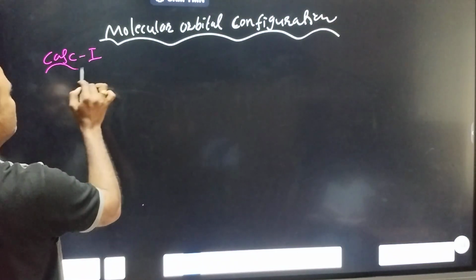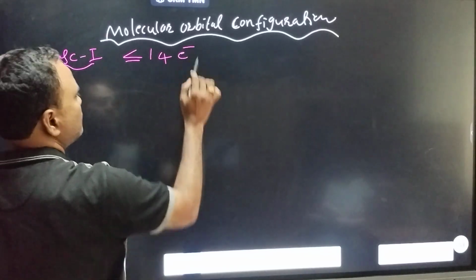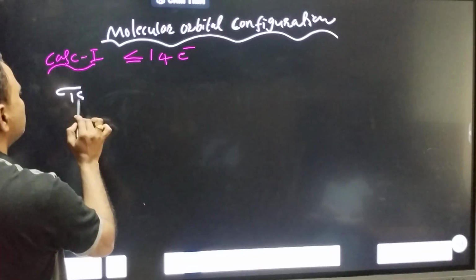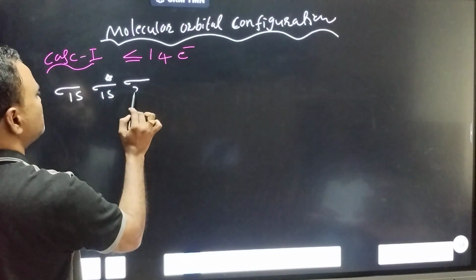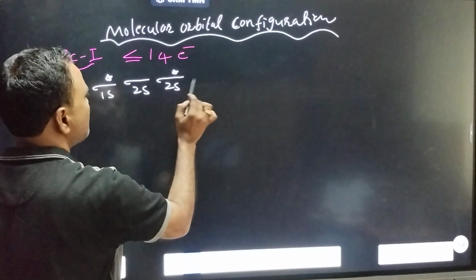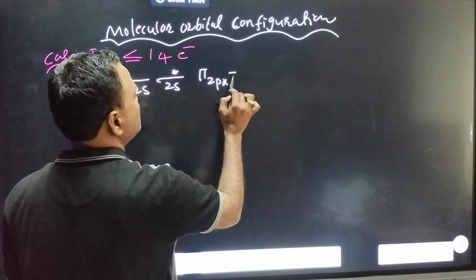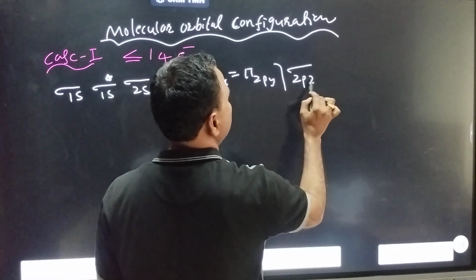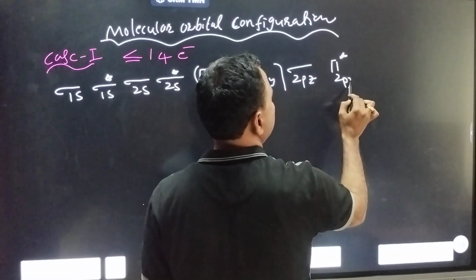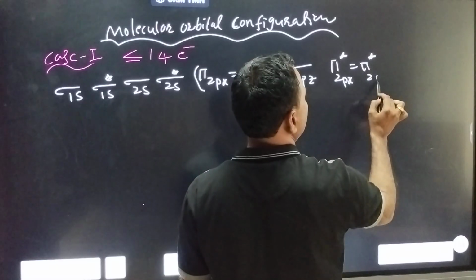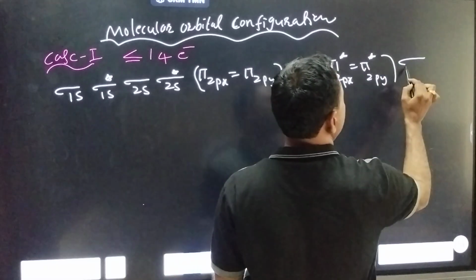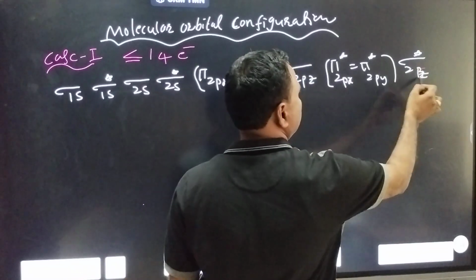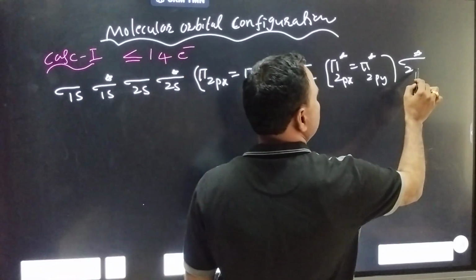Case 1, less than or equal to 14 electrons: sigma 1s, sigma star 1s, sigma 2s, sigma star 2s, pi 2px equal to pi 2py, sigma 2pz, pi star 2px equal to pi star 2py, sigma star 2pz.